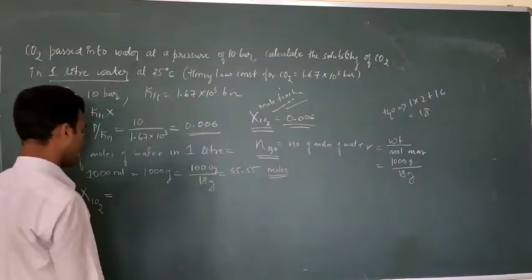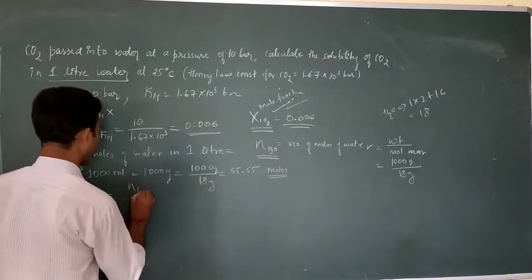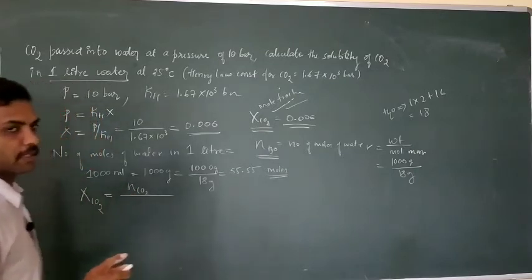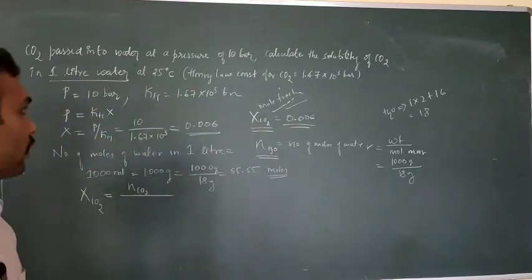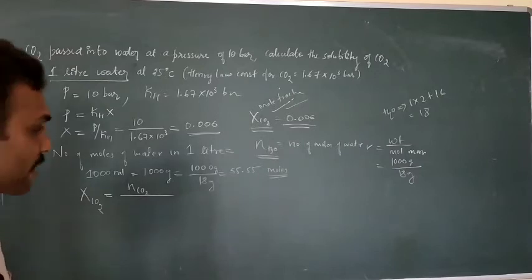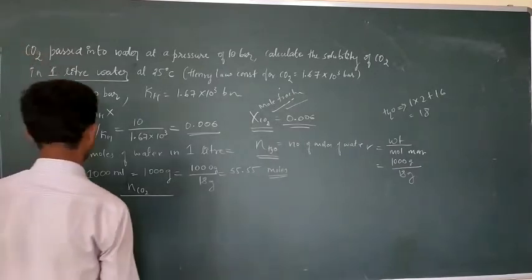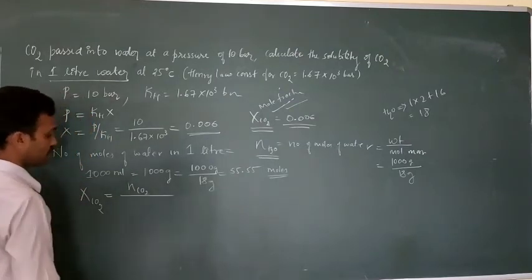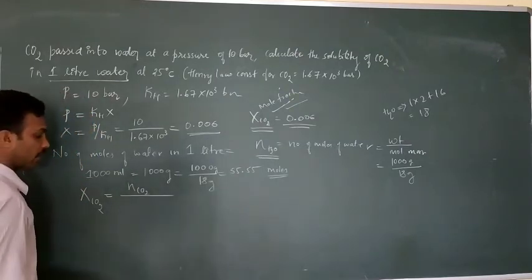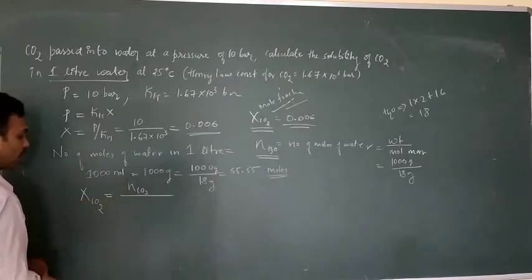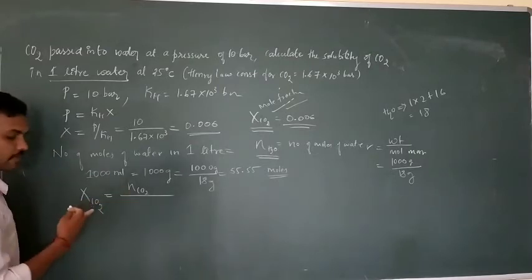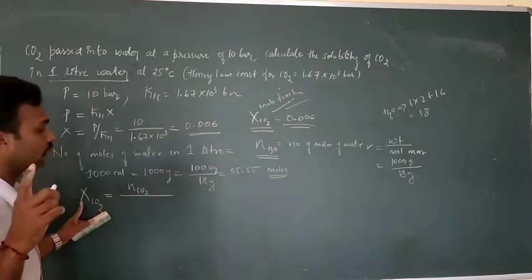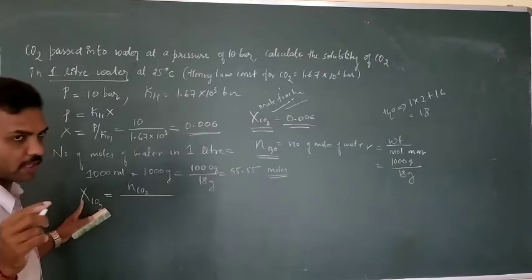Mole fraction of carbon dioxide is the number of moles of carbon dioxide divided by the total moles in the solution. We are adding carbon dioxide to the water, so the gas is the solute and the water is the solvent. We have mixed the two, so it is a binary solution. So there are two things, one is the mole fraction of water and another one is the mole fraction of carbon dioxide, right?